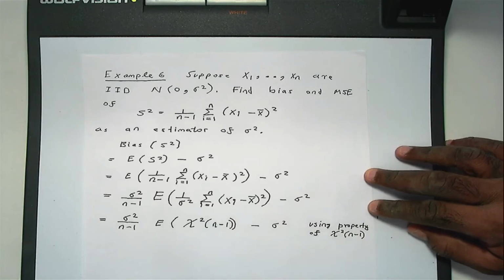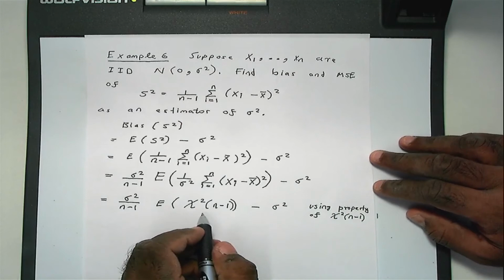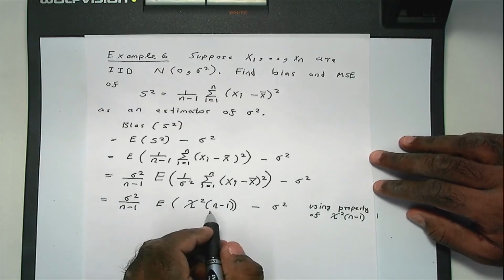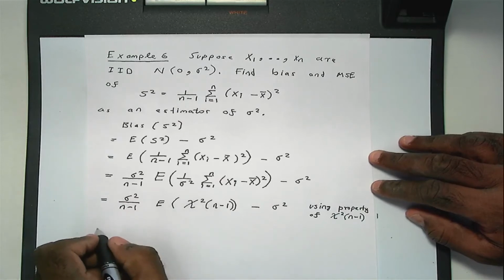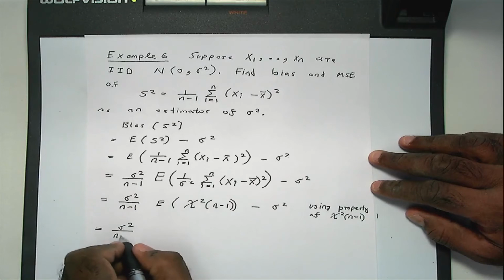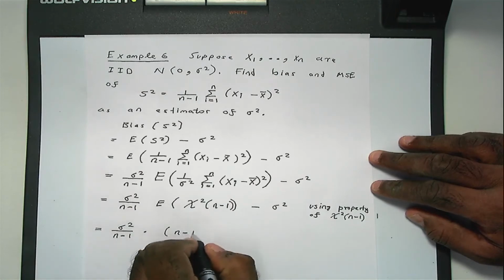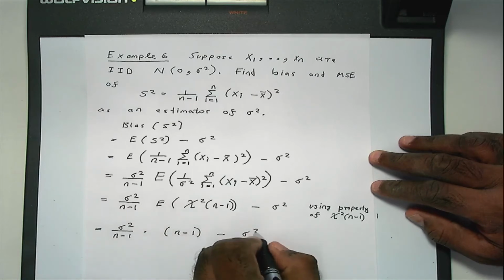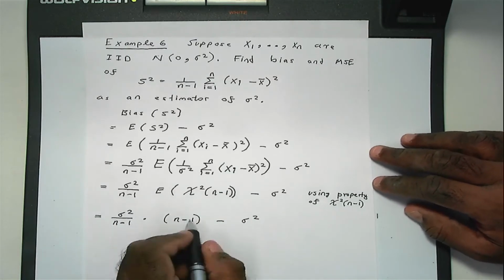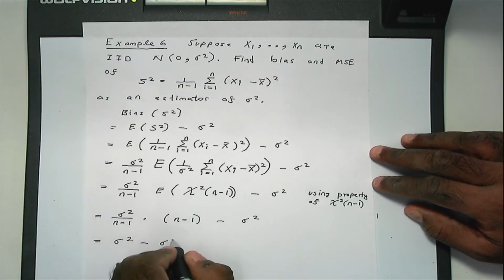Another property I mentioned in that video is that the expectation of a chi-squared variable is equal to the degrees of freedom. So this is equal to n minus 1. So these two cancel out, you get sigma squared minus sigma squared, which is 0.